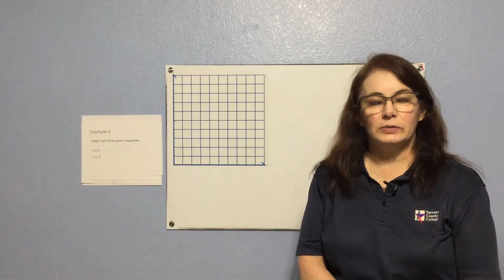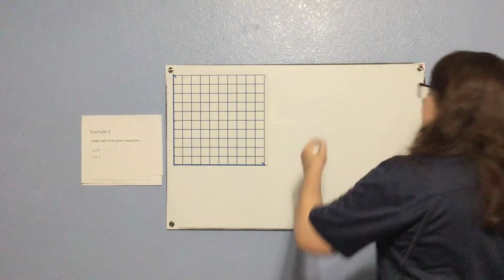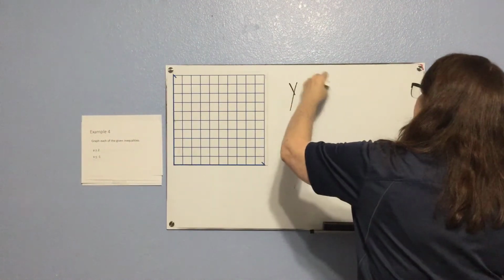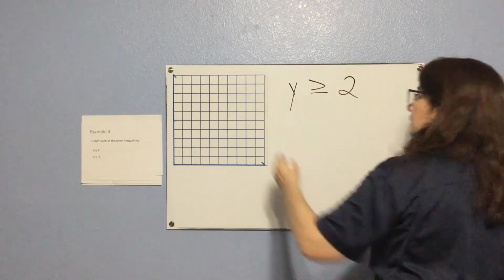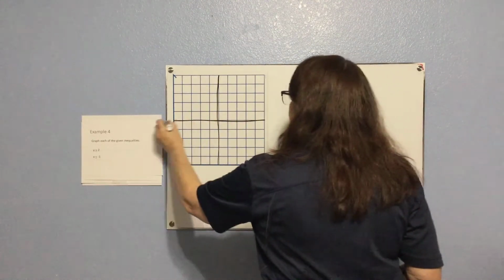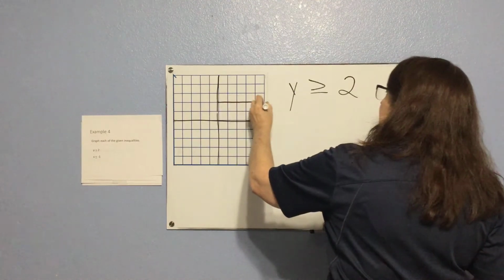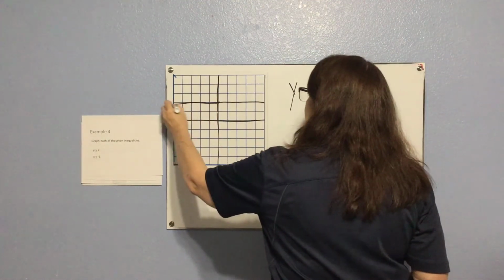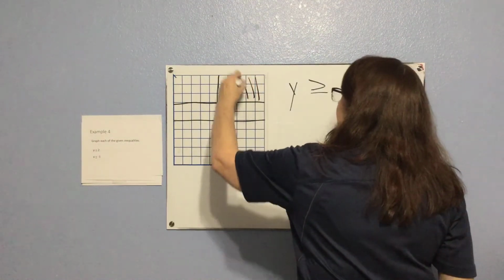Now we're going to look at a couple of special cases where we have just one variable in the inequality. For instance, if I have y is greater than or equal to 2, this is a horizontal line at y equals 2, and it's solid. And we're greater than, so up above this line.